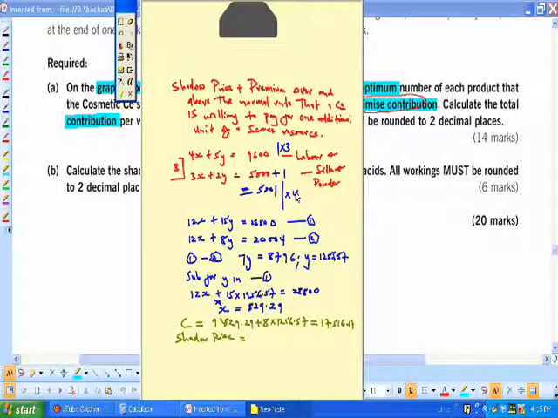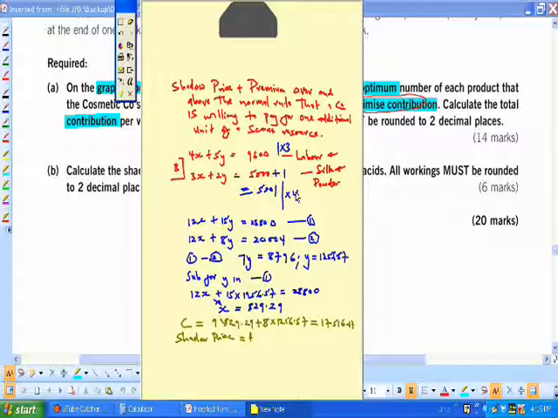The shadow price is the difference between the two contributions. Remember, if you pause and rewind, the original contribution was 17,514.34.